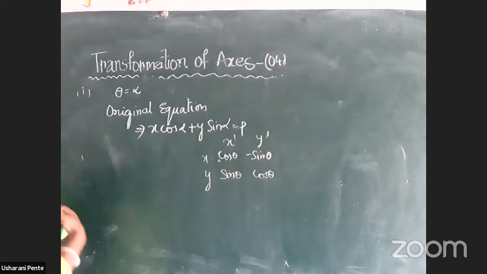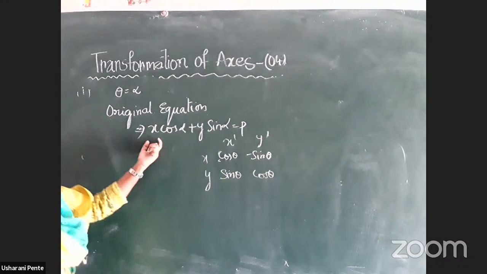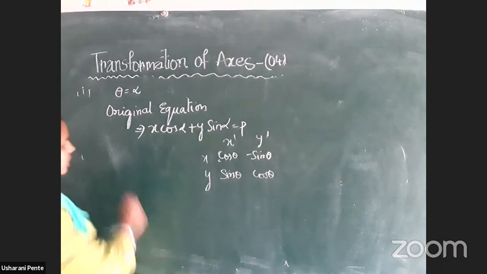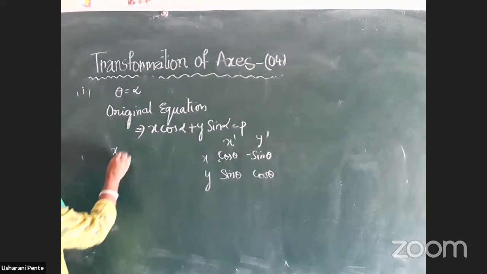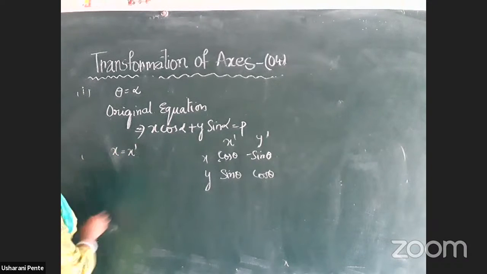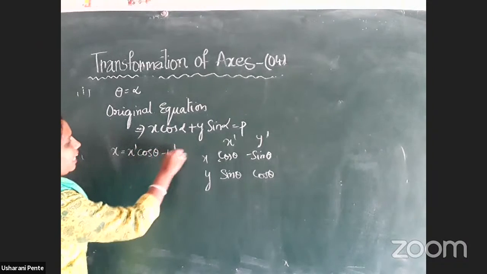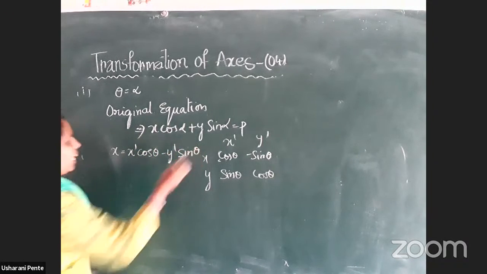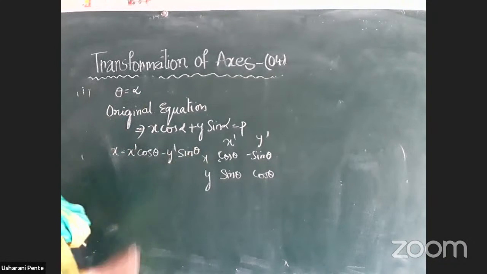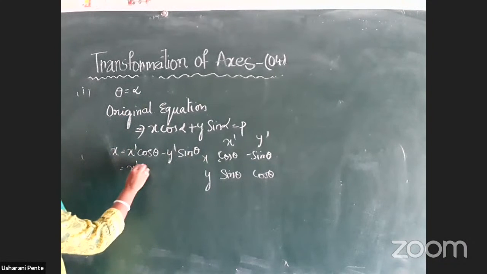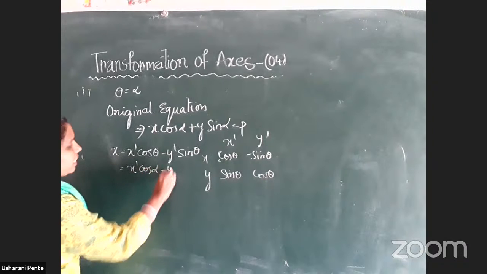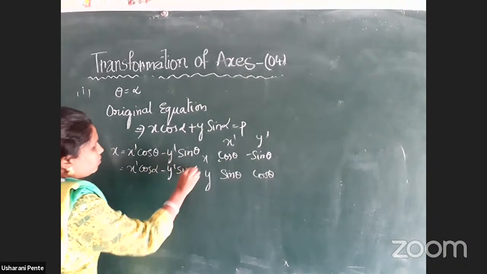Now they have given the original equation. We need to find x, substitute the point. x is equal to x dash cos theta minus y dash sin theta. Here in place of theta, they have given alpha. So I am substituting x dash cos alpha minus y dash sin alpha.